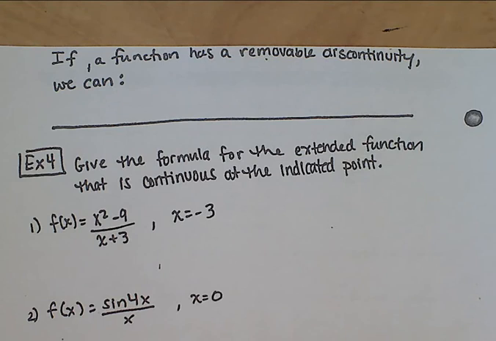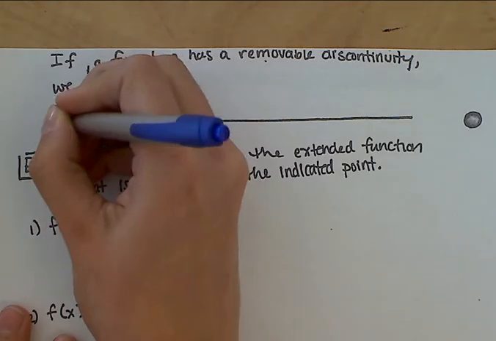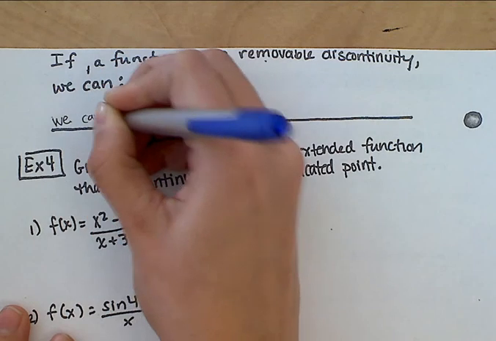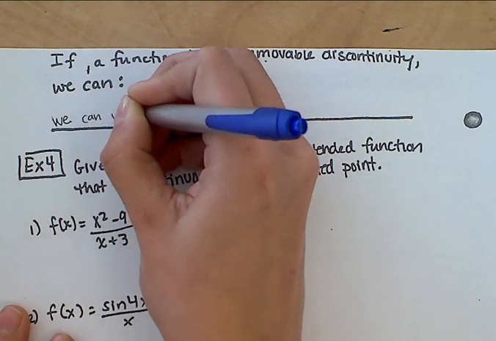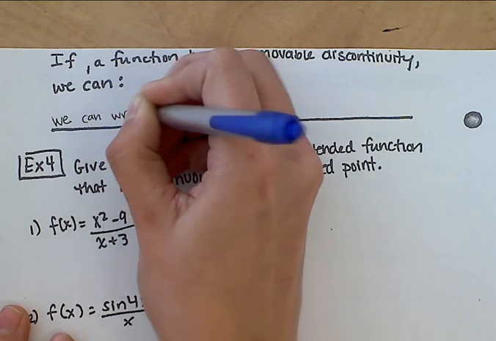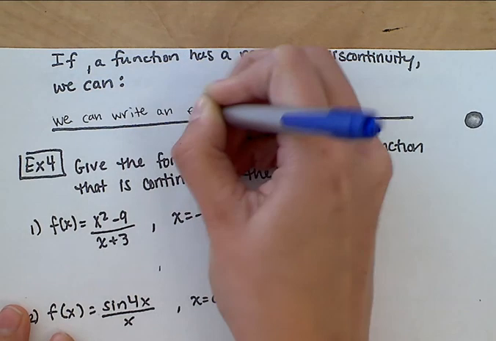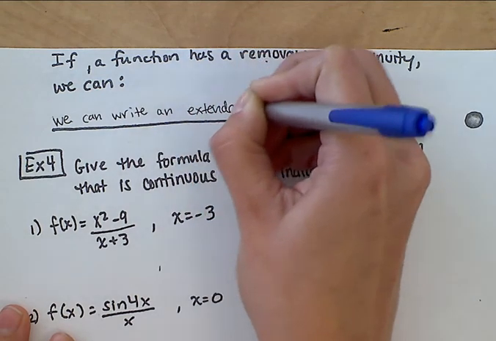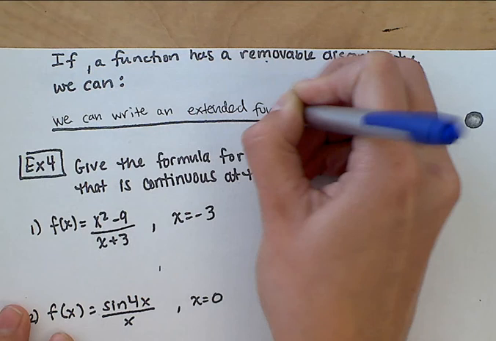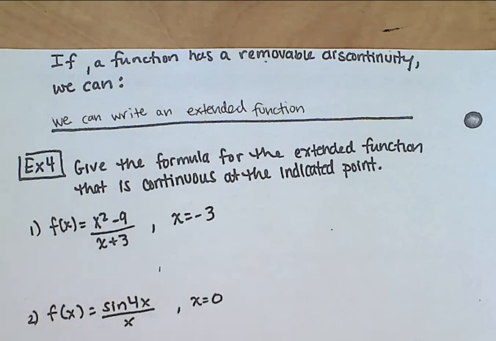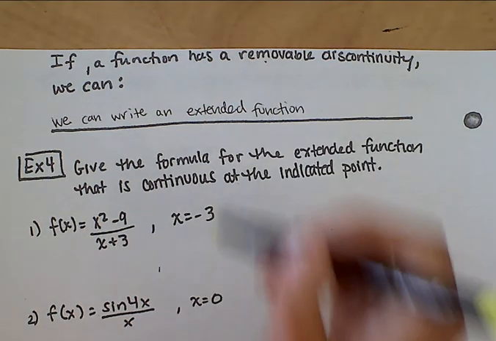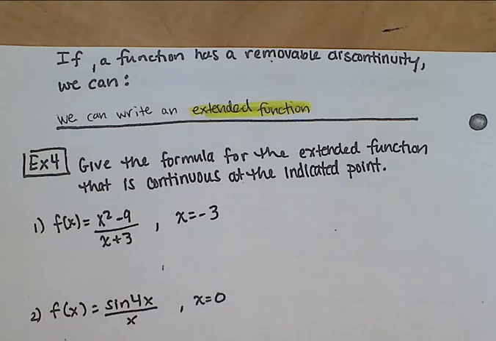So if a function has a removable discontinuity, we can write what's called an extended function that is continuous at the point of discontinuity.